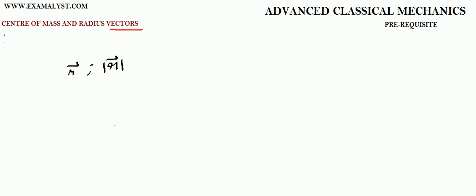So when a particular point P has a vector r and the point P is displaced to a new point P dash and the vector is r dash, then in vectorial form the distance from P to P dash is actually r dash minus r. This is in vectorial form.